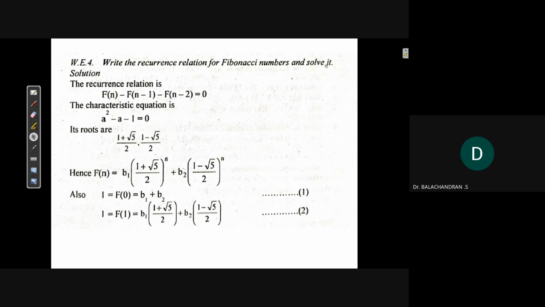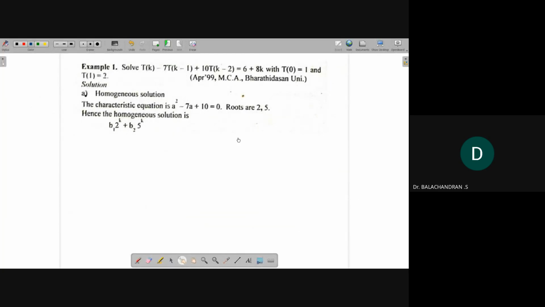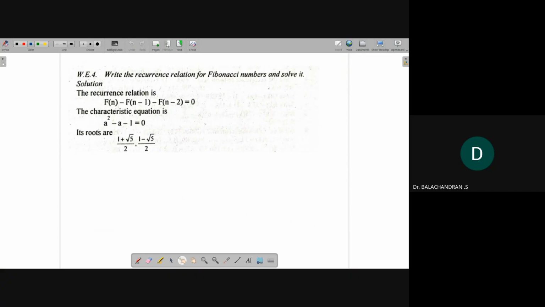So what is the Fibonacci relation actually? The Fibonacci relation is f of n equal to f of n minus 1 plus f of n minus 2.